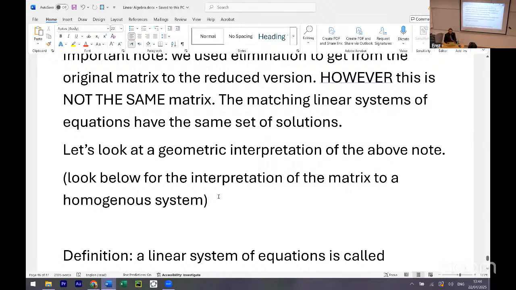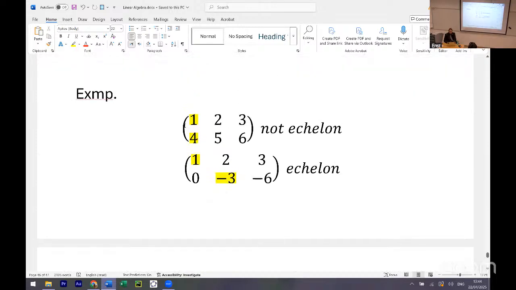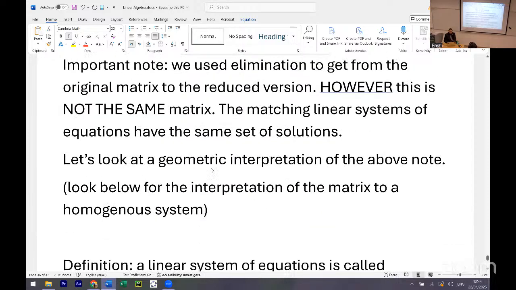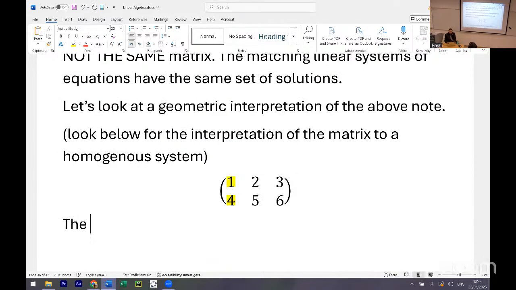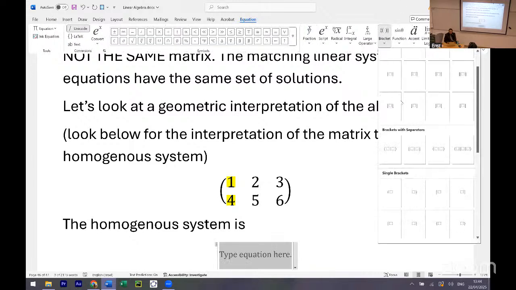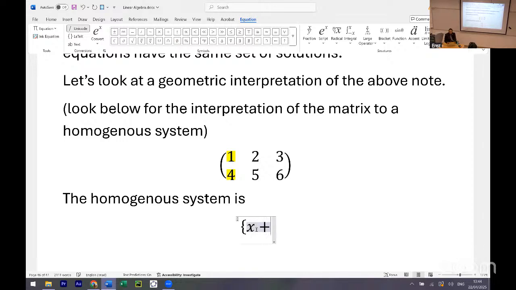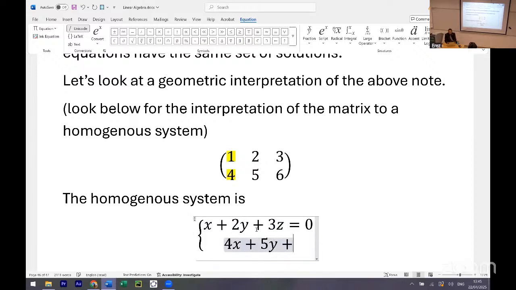So the geometric interpretation. Now I will copy the matrix, and now you can understand what I mean. And the homogeneous system is x plus 2y plus 3z equals 0, 4x plus 5y plus 6z equals 0.